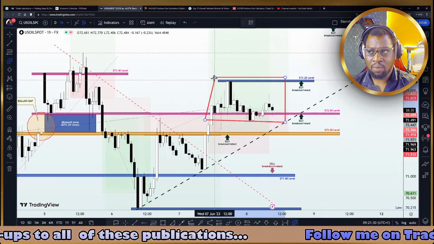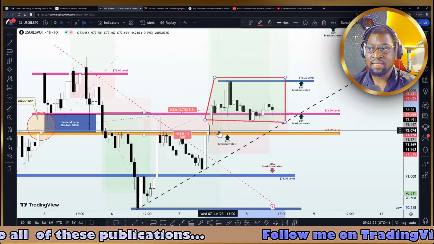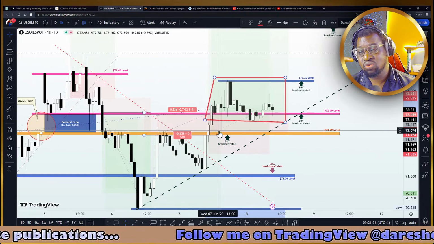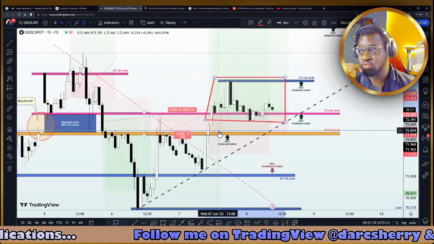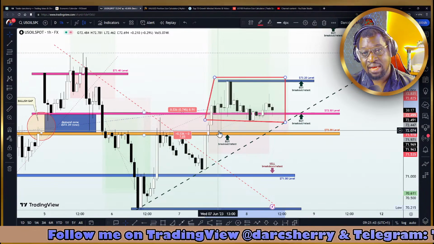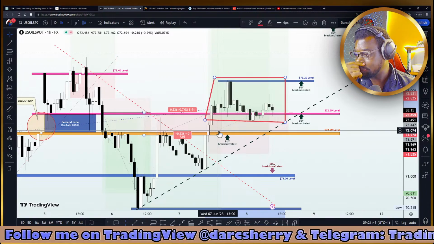But it appears that since price action tested the $73.20 level, we are yet to see that traction that will really push price to the upside, which is a level of concern at this particular point in time.